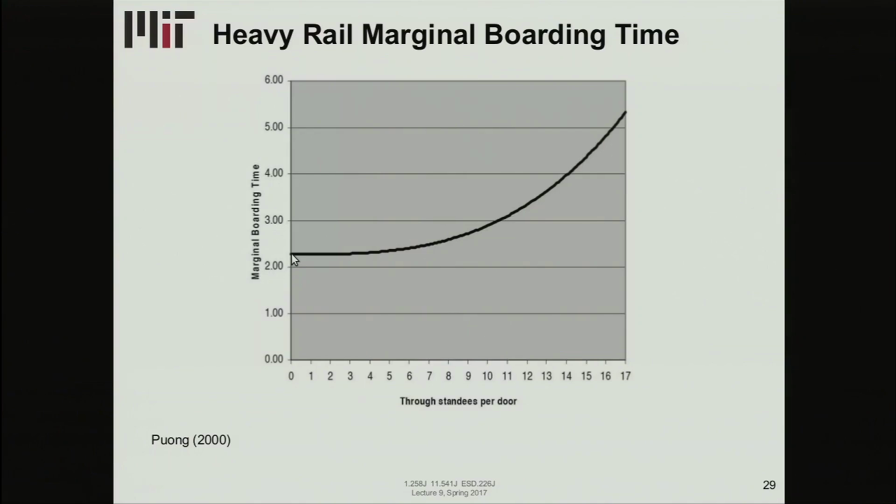When the number is 0, then this is how much boarding time you have per passenger, more or less. And then as you look at the effect of more and more people standing, that slows people down as they board, right? So this was a way of capturing that effect, again, the friction factor.